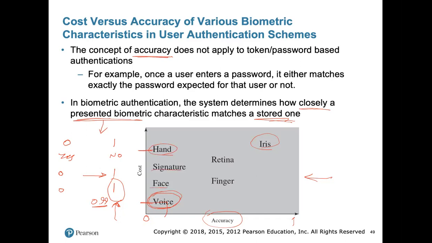Signature the same, face the same. We have retina here, medium accuracy, relatively high cost. And we have iris recognition, or authentication based on iris detection, which has pretty high accuracy and of course imposes high cost if you want to use it for authentication.